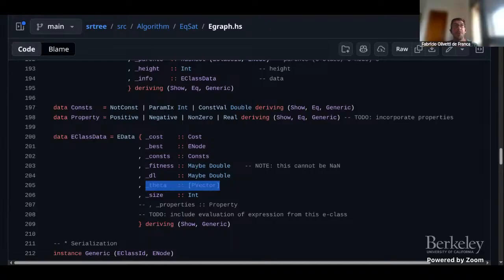Well, the way I'm doing it right now is a very crude form of debugging. So yeah, I basically store the history of applications of the rules and which rules led to a specific new E-class.